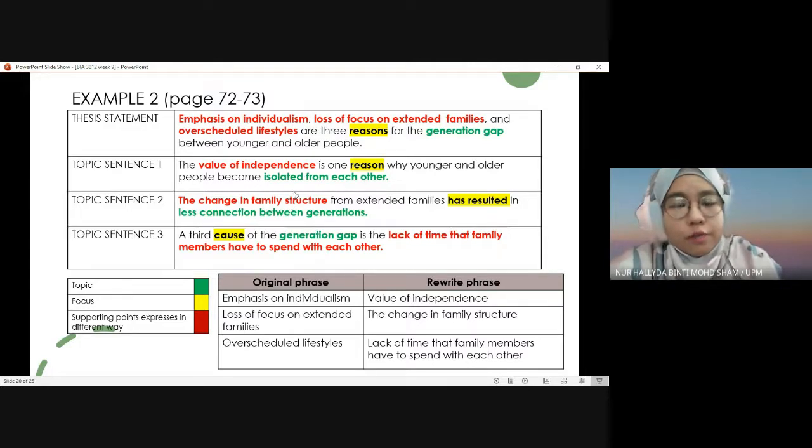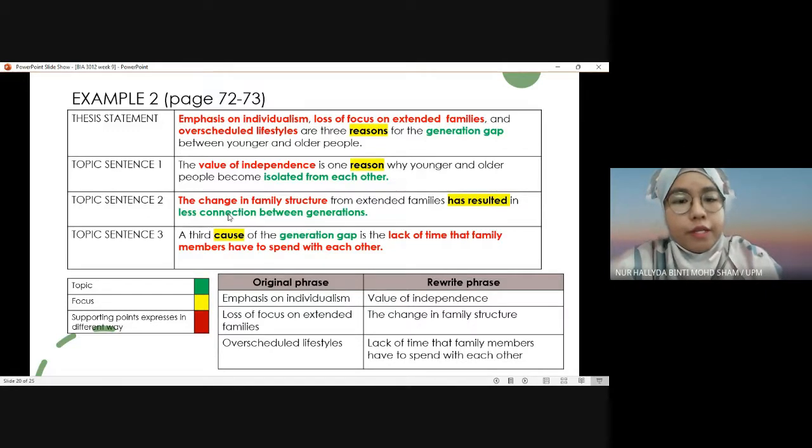It still gives the same meaning, but it is expressed in a different way. This is what we call paraphrasing. Even the word reason has been changed to has resulted, still giving the same meaning.